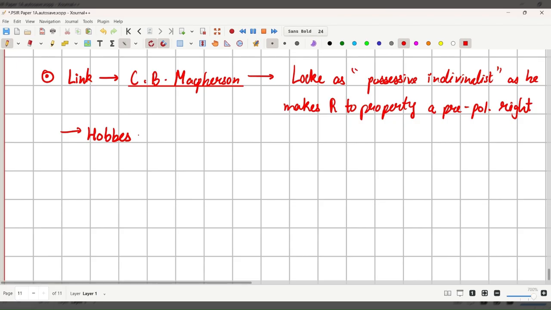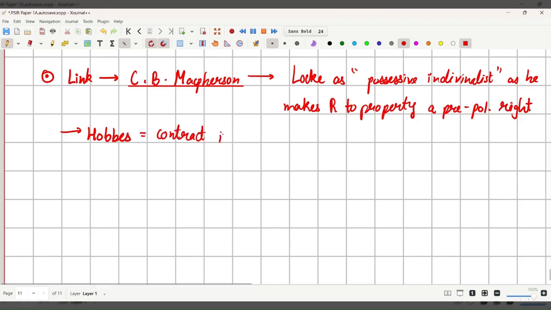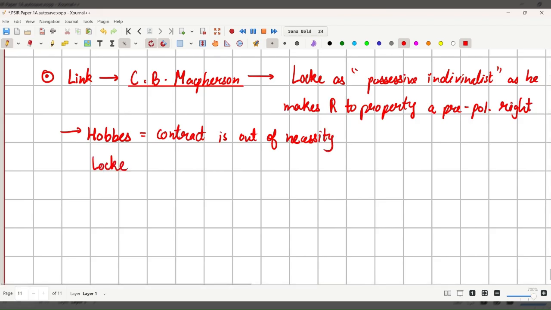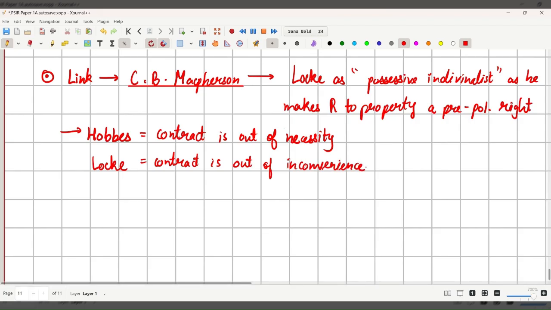For Hobbes, the contract is out of necessity, whereas for Locke, the contract is out of inconvenience: inconvenience to make laws, to adjudicate laws, and to execute laws.